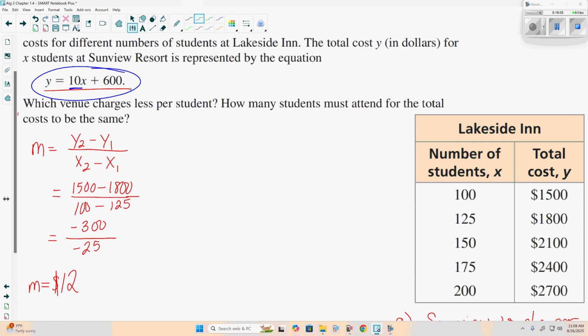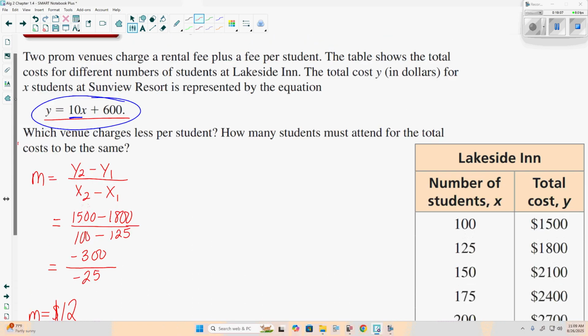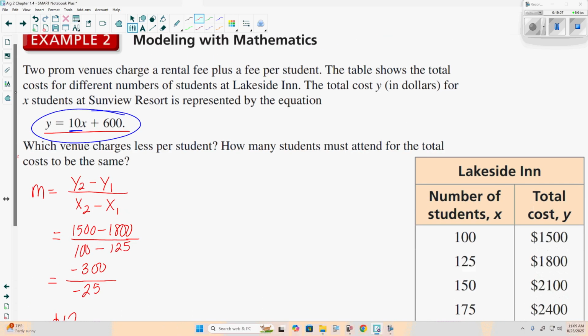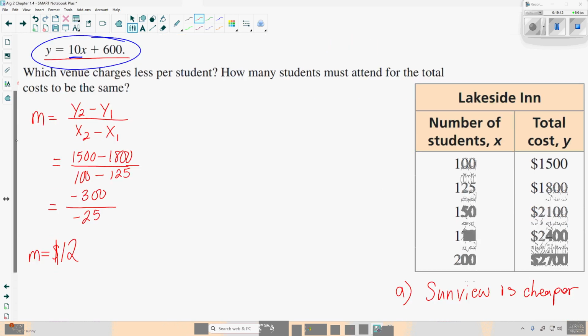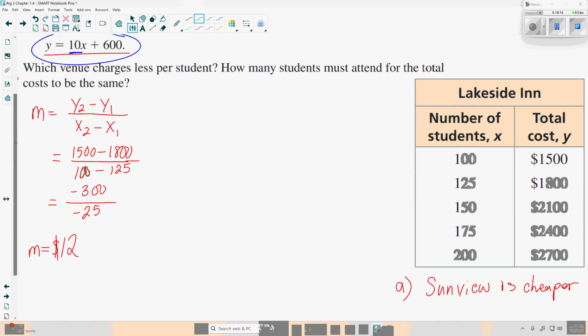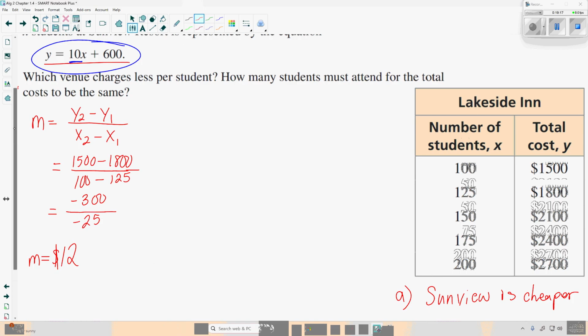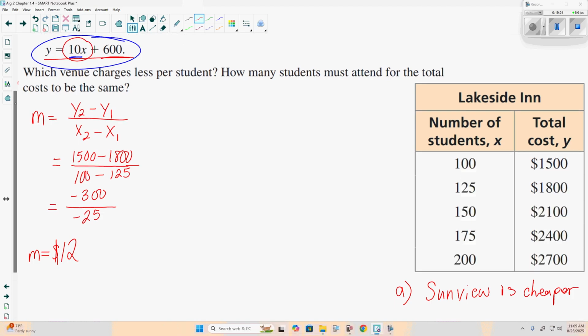So 600 is our starting amount, because the problem says venues charge a rental fee plus a fee per student. So no matter how many people show up to Sunview Resort, you're going to be charged at minimum $600 plus $10 for every student.